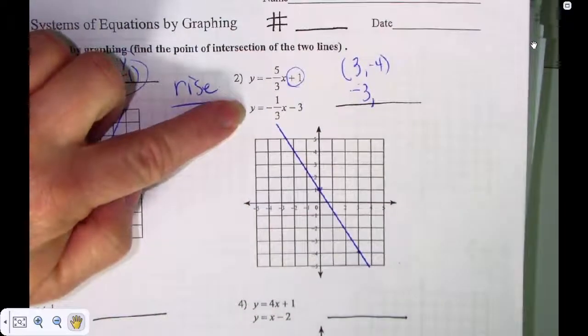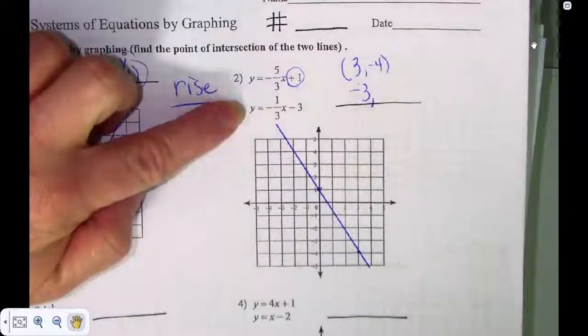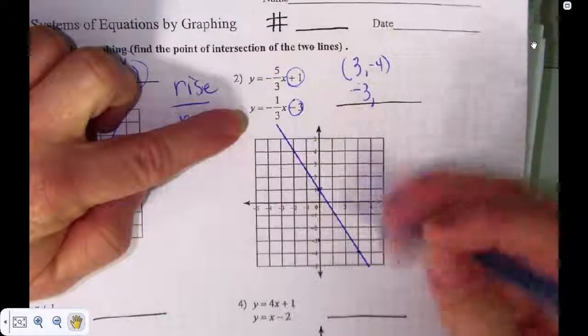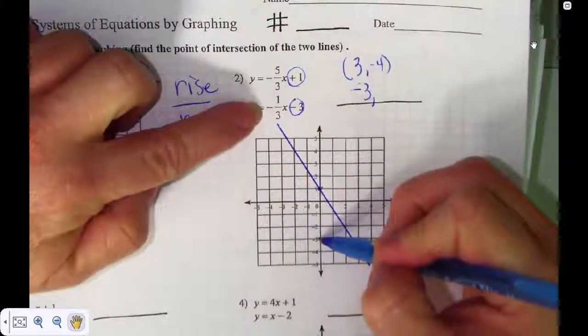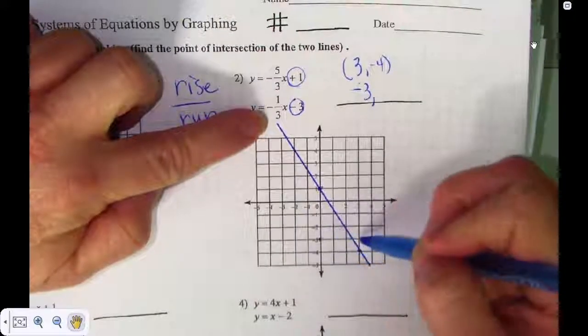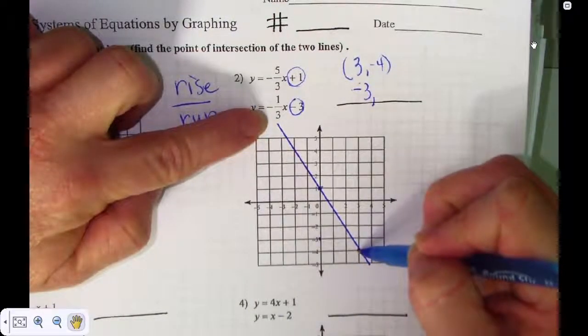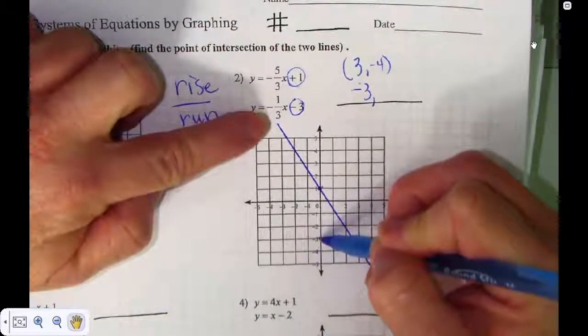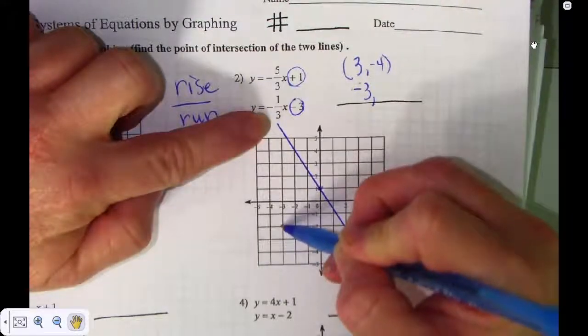And remember, make up little points. -3. It's right there. I'm going to run 3, down 1. Found it. Already know which one it is, don't you? If you go back, you could put the negative on the 3 and rise 1.